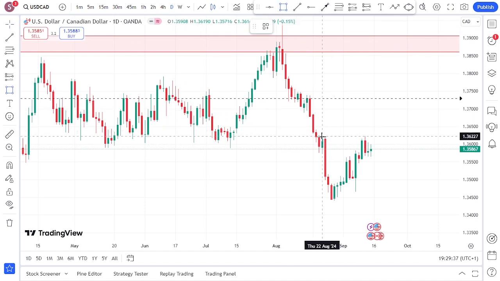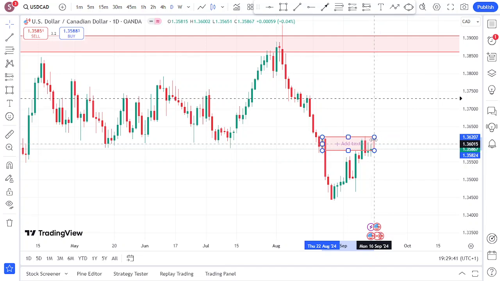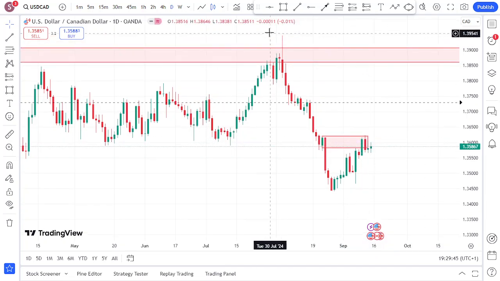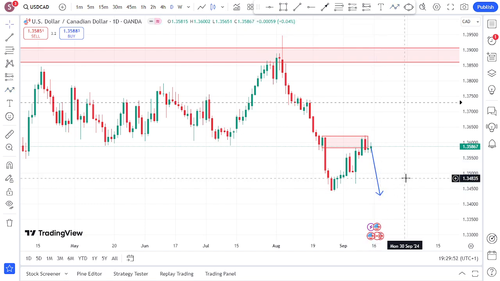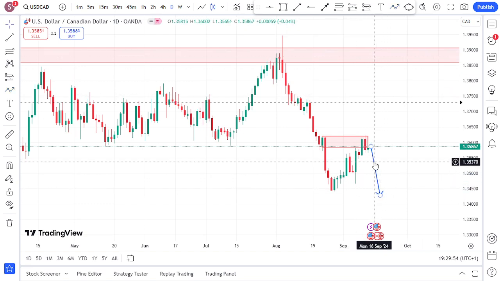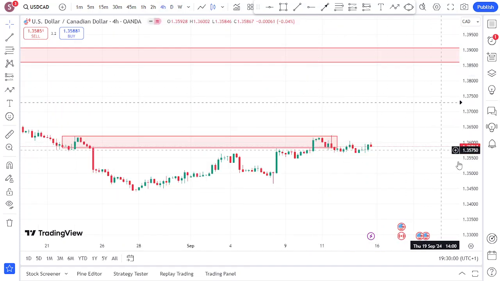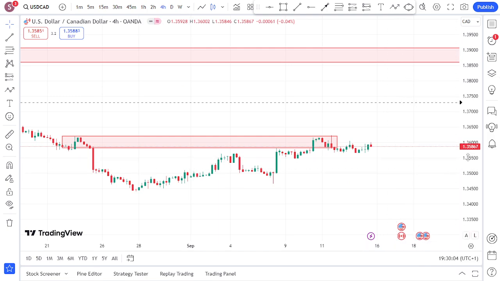This is a very good supply zone right here. The market has retraced back into the supply zone, and in the next days we could probably find opportunities to just keep selling this market to the downside. So the daily is going down, the weekly is going down. So far so good. These bigger time frames are telling us the same story. We're supposed to go down.